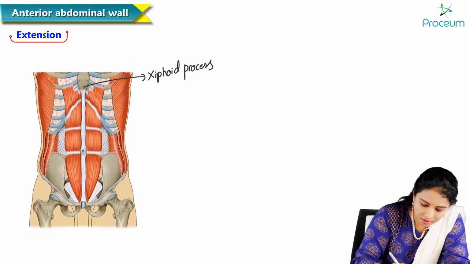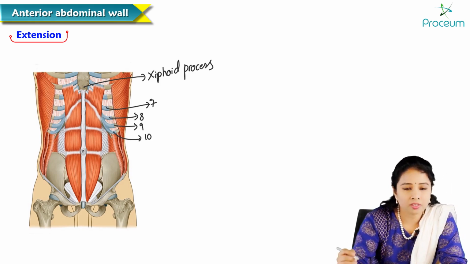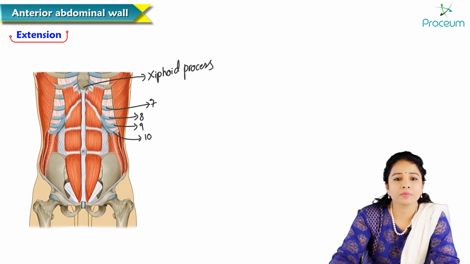So we can see on each side, 7th, 8th, 9th and 10th ribs form the costochondral junction to form a costal margin on superolateral aspect.